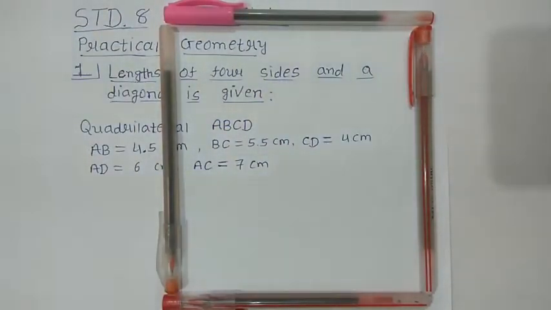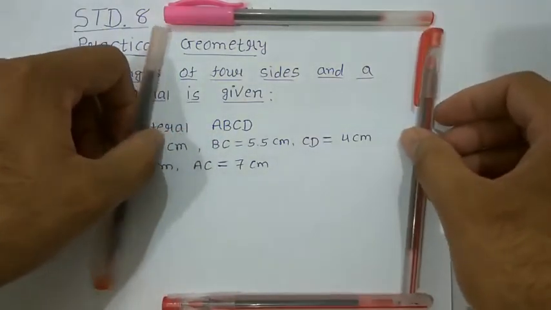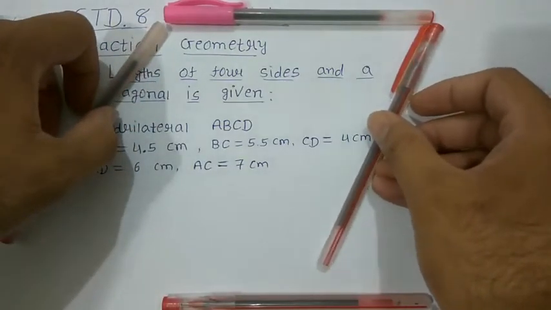But there is also one more quadrilateral which has all four sides equal, and which one is that? That one is a rhombus. So if we draw this quadrilateral in this way, right, then what will happen?